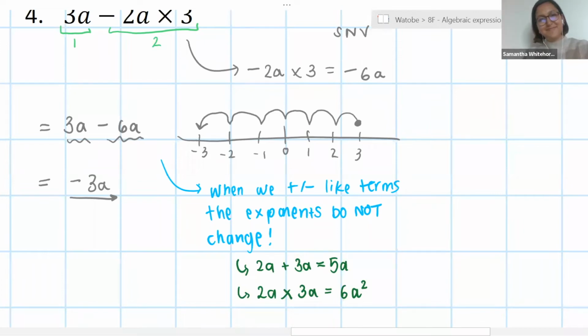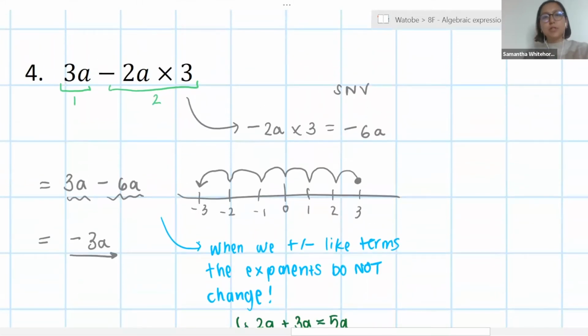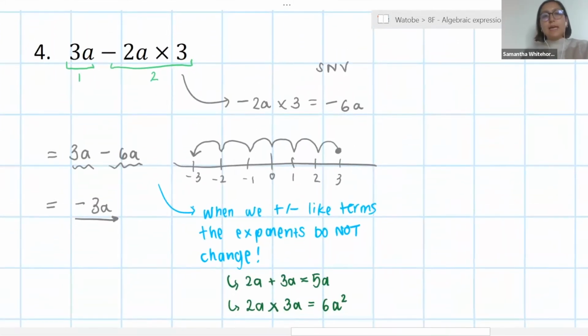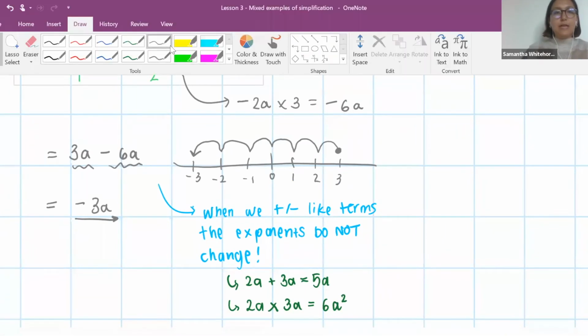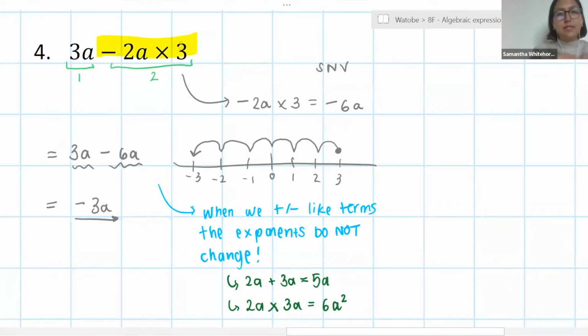Ma'am, can you please explain again on the multiplication part? Okay, perfect. So I'm just going to scroll up a little bit. If we are looking at the multiplication, what essentially I'm looking at is this bit of my expression. I need to say negative 2A times 3.